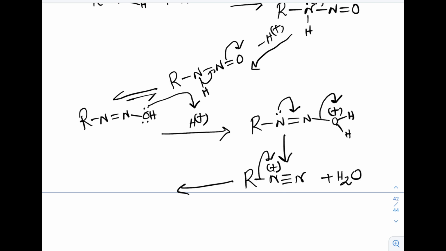That means a carbocation will be generated. So R plus will be generated and N2 will be released as a gas, and so we can say that this particular step is entropically favorable as well, because here nitrogen, a gaseous substance, is being generated. As a whole, the randomness, that means the entropy of the system, increases and the step becomes entropically favorable. And water is present in the medium.